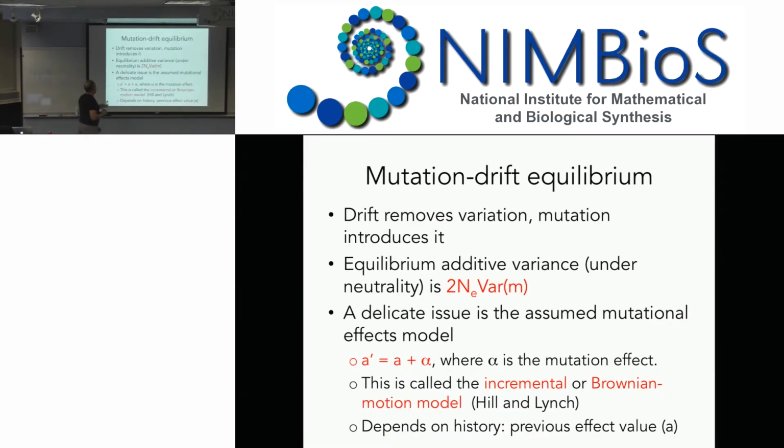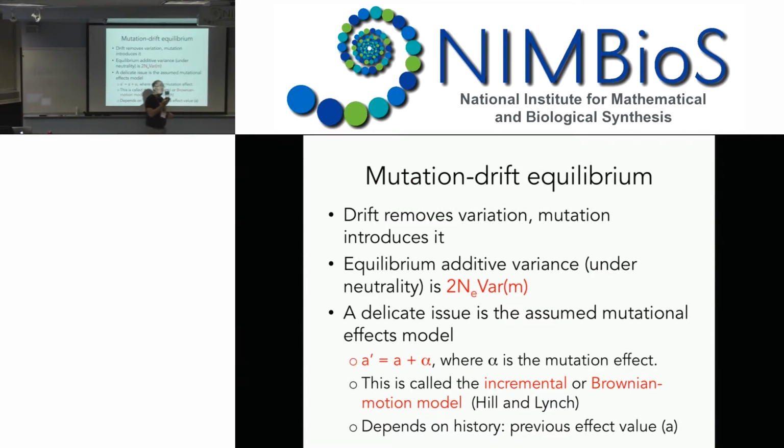In particular, if this has an effect A beforehand, the incremental model says it mutates to a new allele with effect A prime, which is the current effect plus some random increment. That's not an unreasonable model.